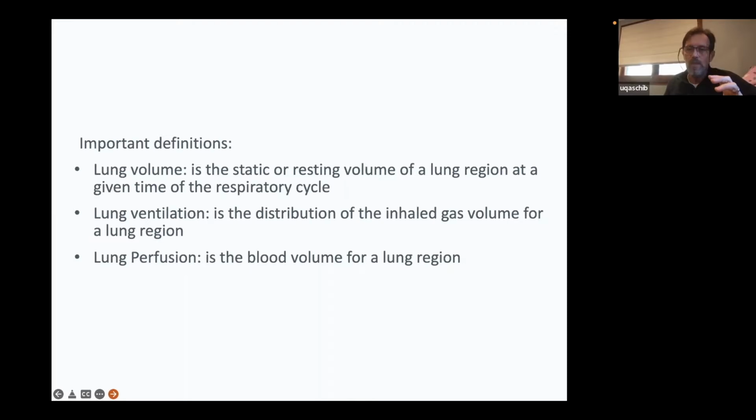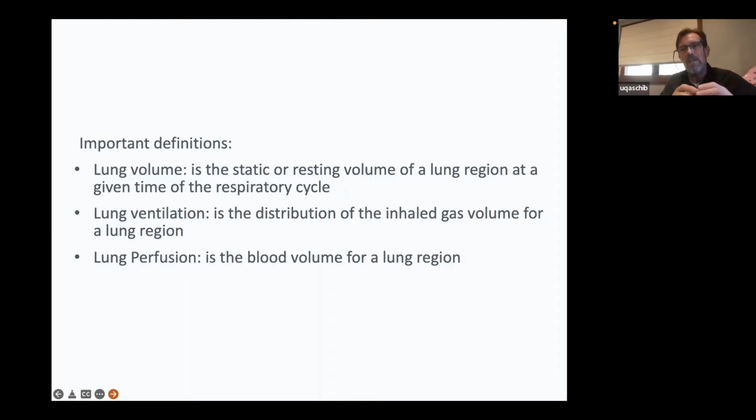So we need to have very clear definitions of what we're talking about when we talk about lung volume, perfusion, etc. If we talk about lung volume, we talk about a static measure of lung aeration at a given stage of the respiratory cycle. Most likely we talk about the FRC, at the end of an expiration, so that's the end expiratory lung volume. Lung ventilation, however, is where the breath that we inhale is distributed to.